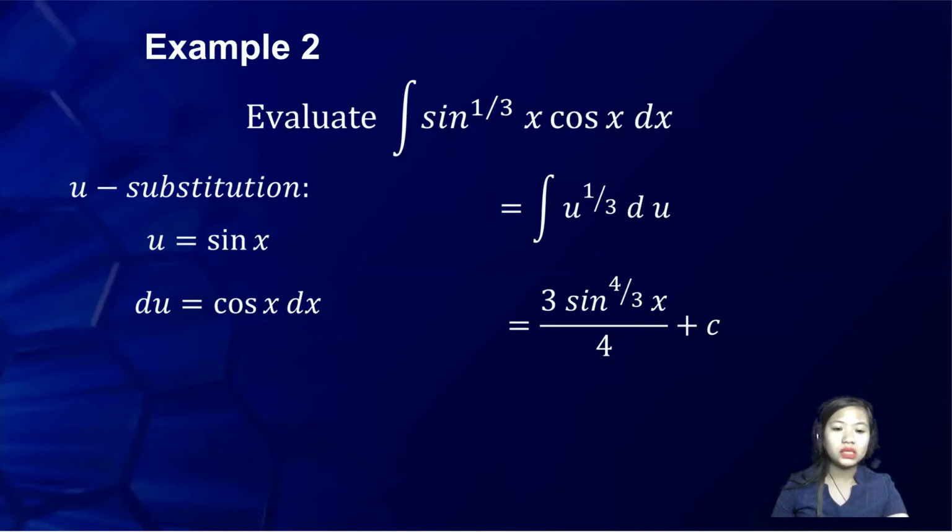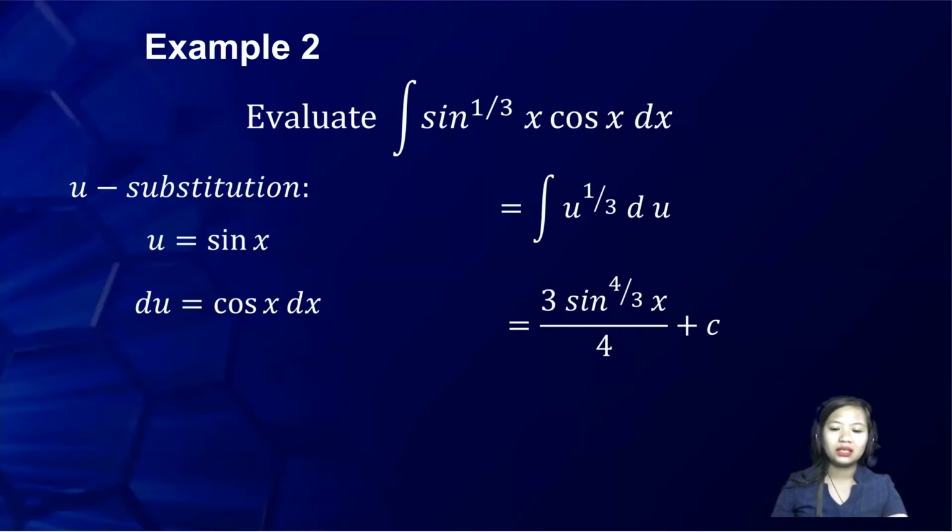Using the u substitution, our u is equal to sine x, and the derivative of u is cosine x dx. So we have the integral of u raised to 1/3, and our cosine x dx replaced by du.